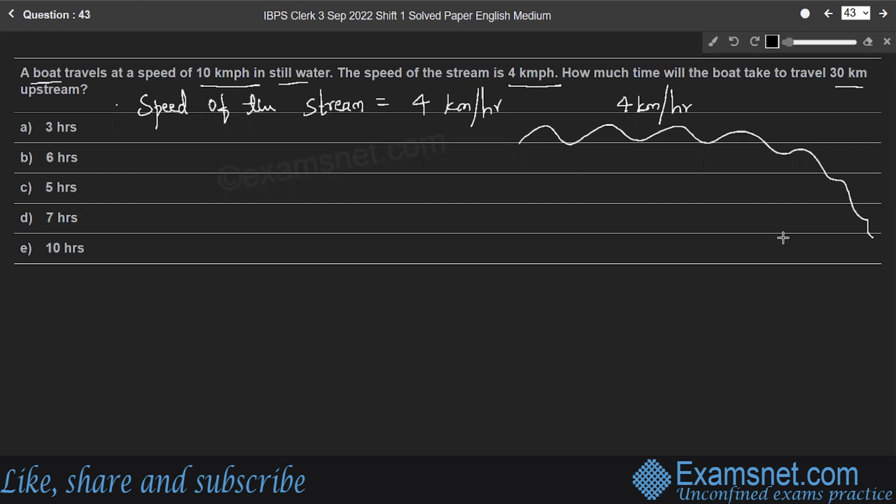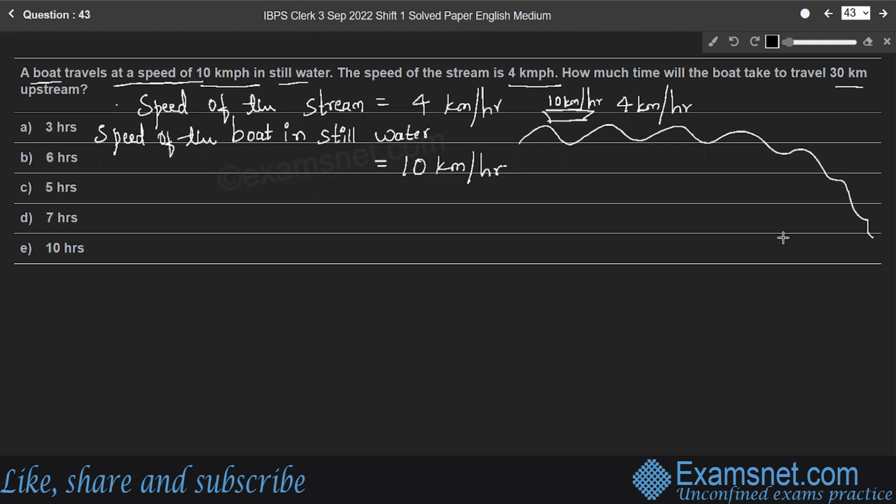So a boat is traveling at a speed of 10 km per hour in still water. Consider a boat whose speed in still water is 10 km per hour. Therefore, speed of the boat in still water is equal to 10 km per hour.